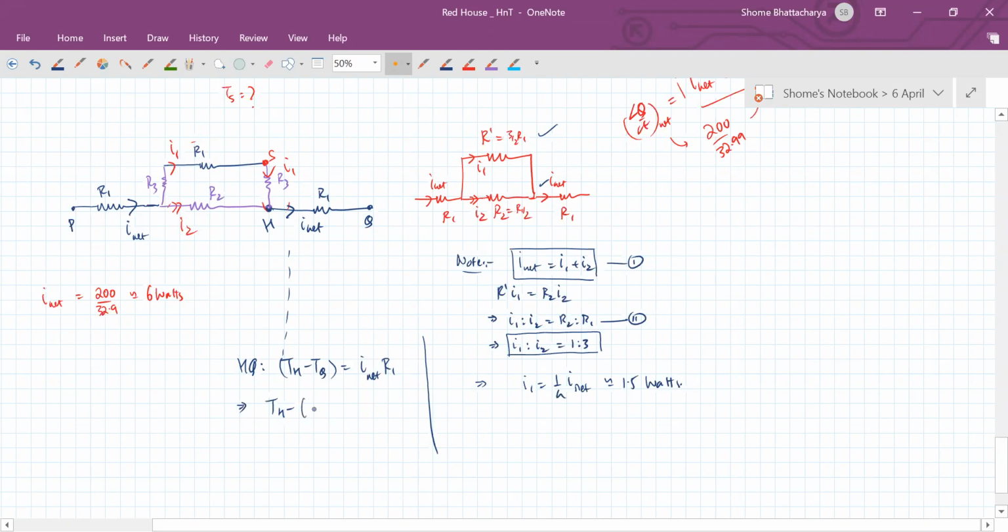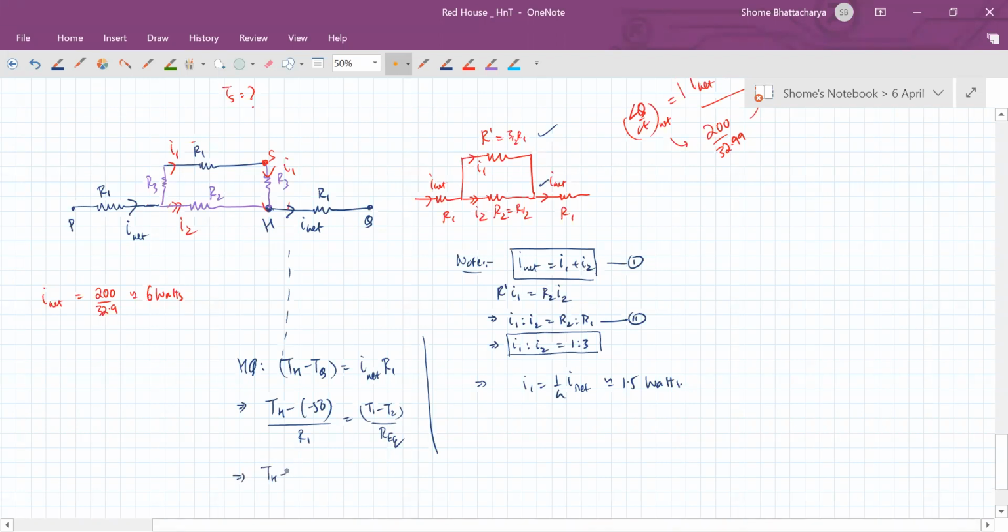So temperature at Q was minus 50. So this upon R1 should be equal to I net. Now I net, if you remember, was T1 minus T2 upon R equivalent. Okay.